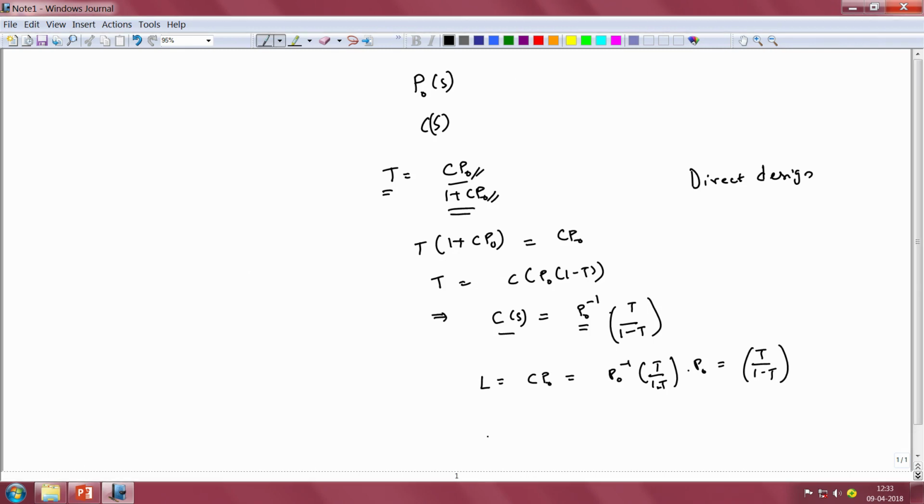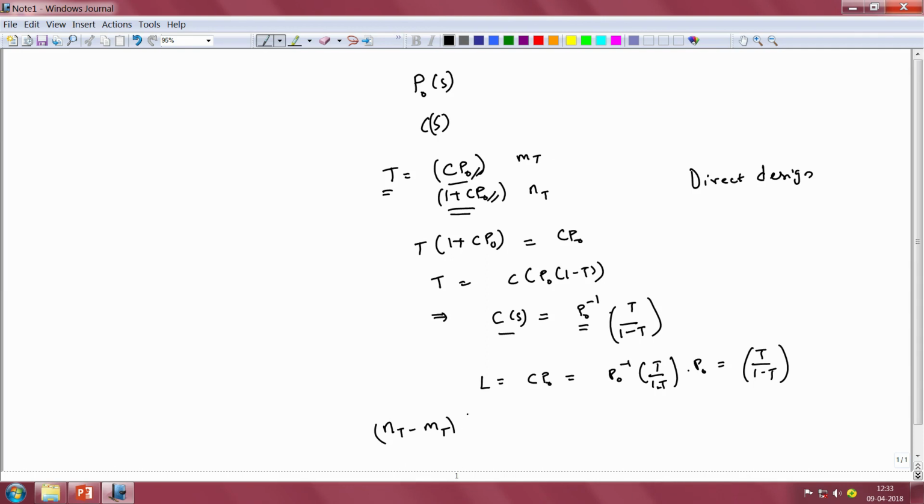From this equation we see that if nt is the degree of the denominator polynomial and mt is the degree of the numerator polynomial, then the relative degree of the transmission function T is given by nt minus mt.